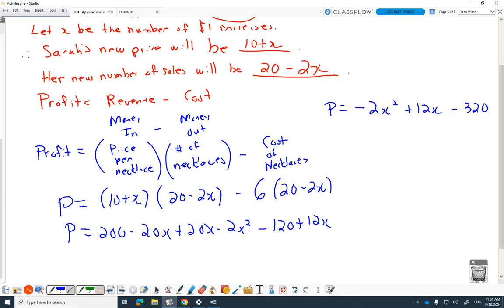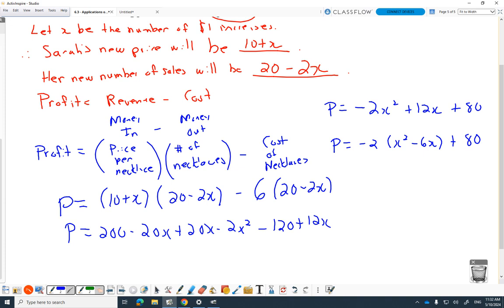And made a mistake. That was 200 minus 120 plus 80. Common factor out the A. Find that magic number. Half of 6, 3 squared is 9.